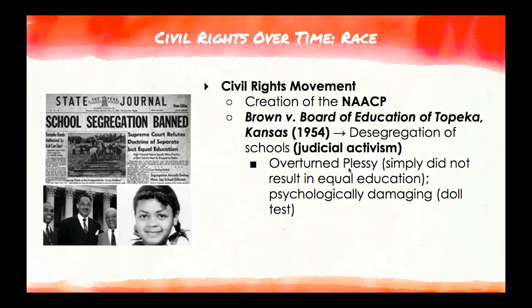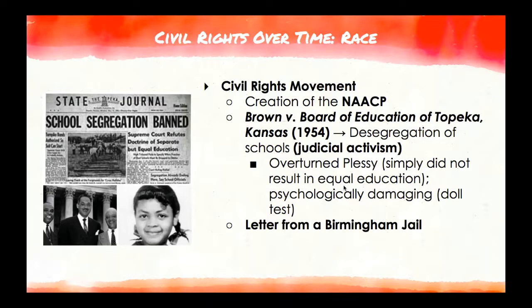So we see delays in desegregation, and we also see, in some instances, flat out refusal to desegregate. If you've ever heard of the Little Rock Nine, the president had to federalize the National Guard to ensure that those children of color could attend the school. So that's a check on Supreme Court power here.